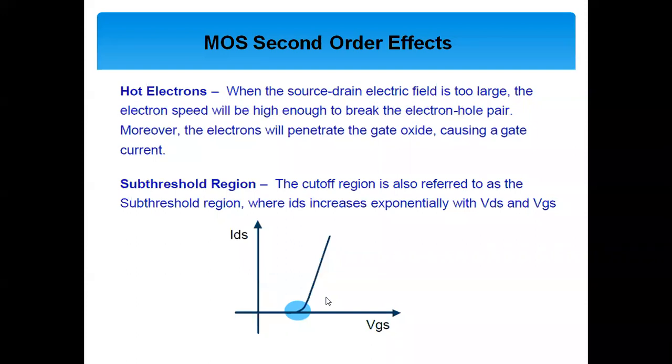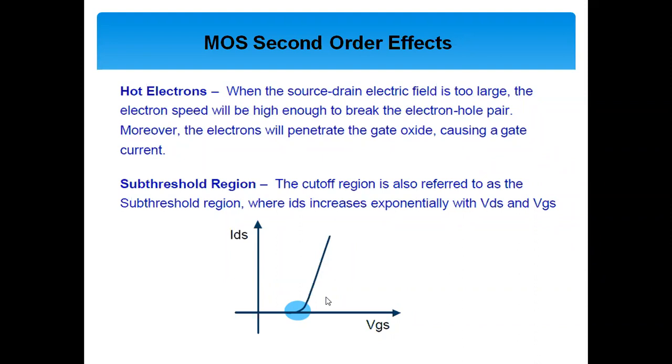Moreover, the electron will penetrate the gate oxide, causing gate current. The electron can penetrate into the gate oxide region, and that contributes to the gate current. Okay, so this is the hot electron effect. You can experience this effect when you apply a very large VDS. Probably this effect may happen in the breakdown region of the MOSFET, where you increase the VDS beyond the limit and the device breaks down.